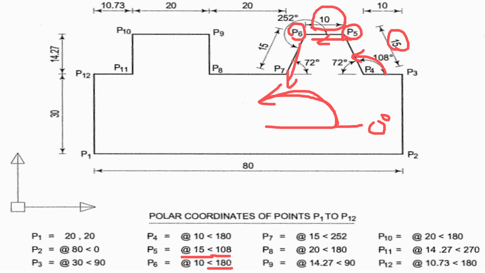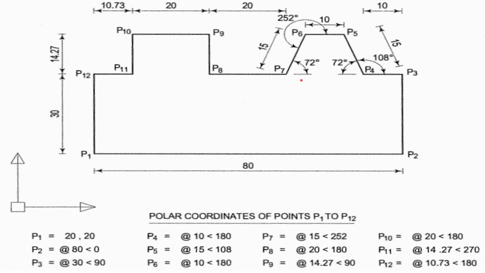If I see P6 to P7, the distance is 15. So at the rate 15 less than, you can see the angle was already given here. From here to here, from the positive x-axis we will be considering our angle. The angle for P6 to P7 is given as 252. So that was represented here.